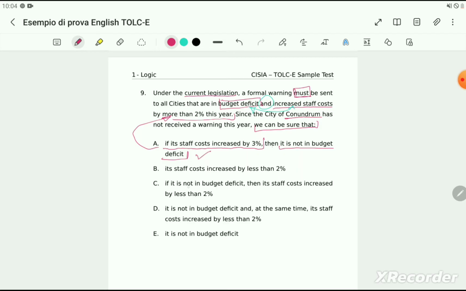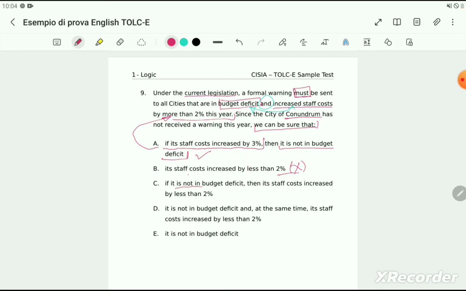Let's see other steps. Its staff cost increased by less than 2%. No, both conditions have to be fulfilled. If it is not in budget deficit, then its staff cost increased by less than 2%.